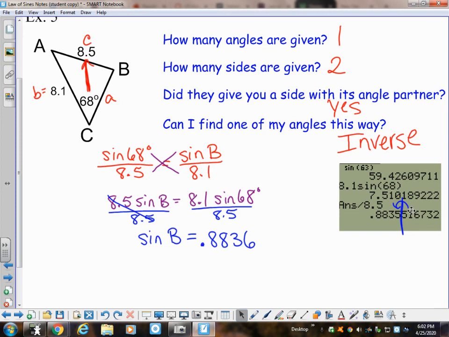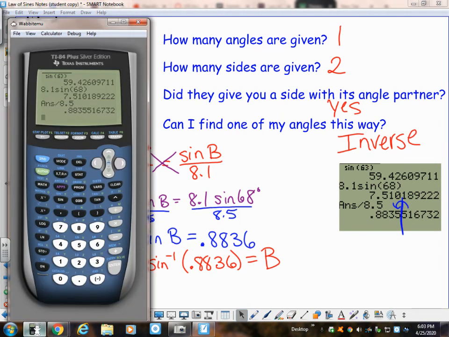Well, hopefully you remember from doing our right triangle trig that at this point, in order for us to find that angle, we would have to do sine inverse of this 0.8836. And that's going to give us what our angle B is. All right, so we go ahead and hit second sine to get sine inverse 0.8836. And we round to the nearest whole, we get 62.